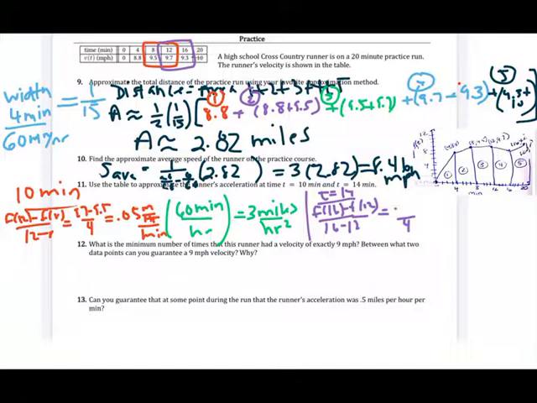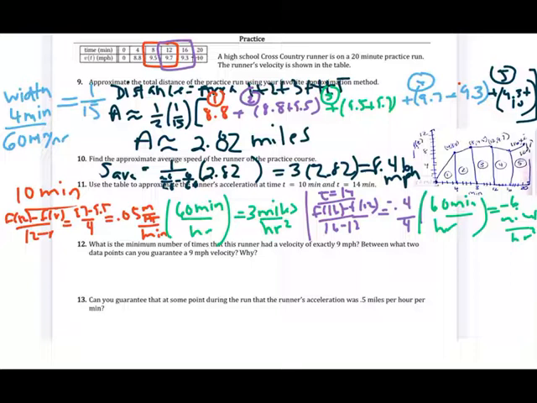When I subtract those, I get negative 0.4. I'm going to multiply this by 60 minutes in an hour, and that gives me negative 6 miles per hour squared as our answer for what's going on when t equals 14.